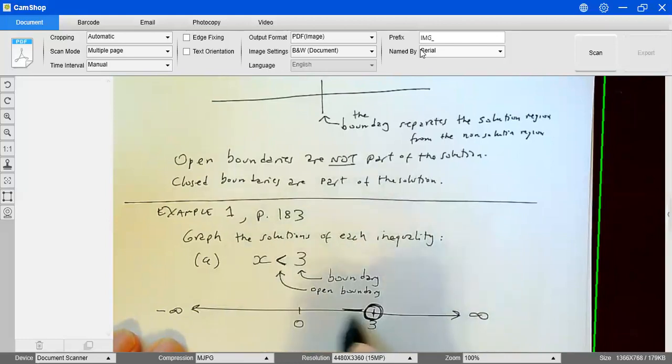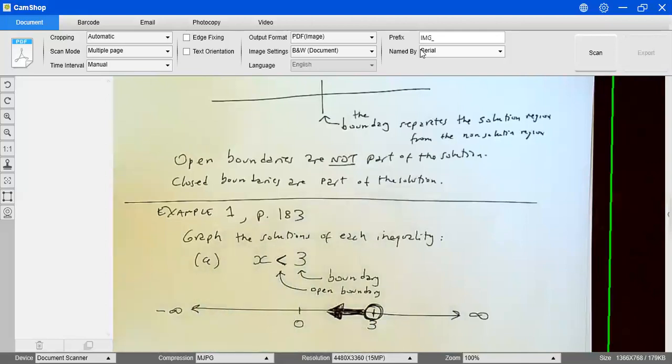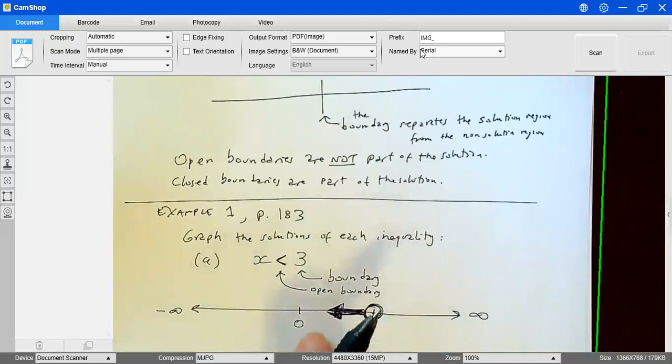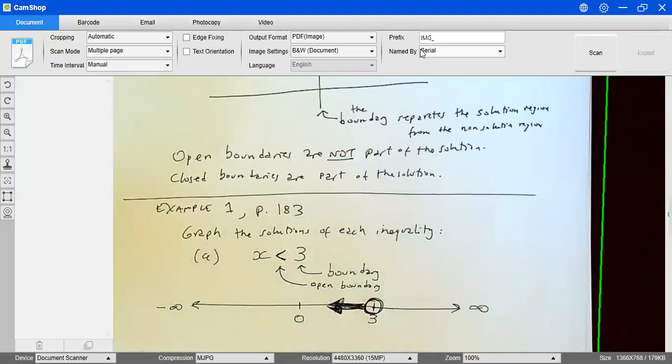So we're going to draw an arrow pointing to the left, indicating that everything to the left of the number 3 is the solution region. So that's the solution region.